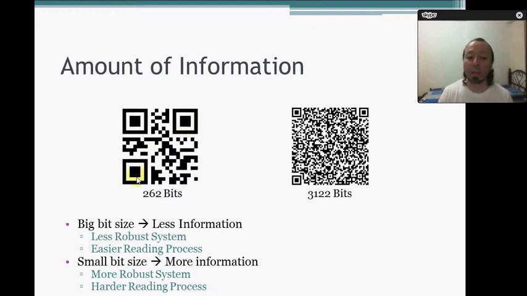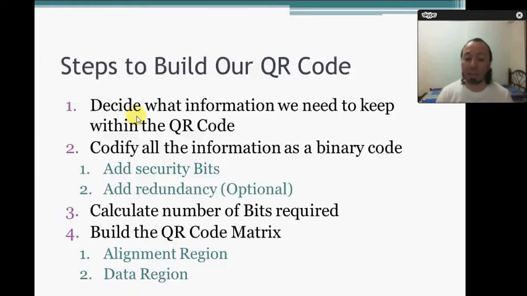And the three corners are exactly the same. So we can see the whole QR code as a square matrix of zeros and ones. And that is how we build our matrix for the QR code.